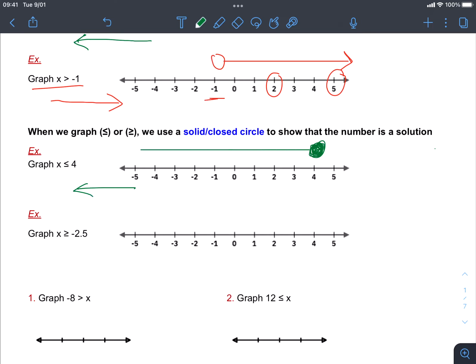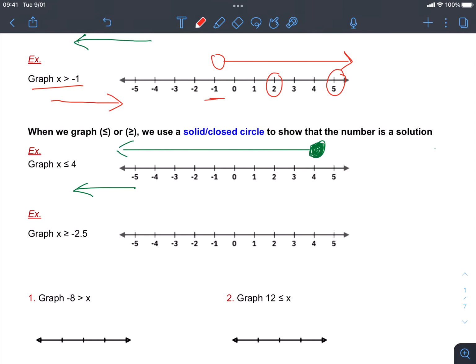So I'm going to draw an arrow going to the end of the graph. Now, when I'm looking again for the numbers that fit this inequality, what values of x are less than or equal to 4? Well, I know 4 is equal to 4, so that's fine. 3 is less than 4, 2 is less than 4, 1 is less than 4, so on and so forth. So all of these numbers, including 4, fit the inequality.